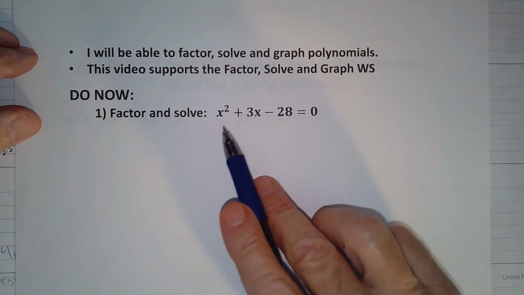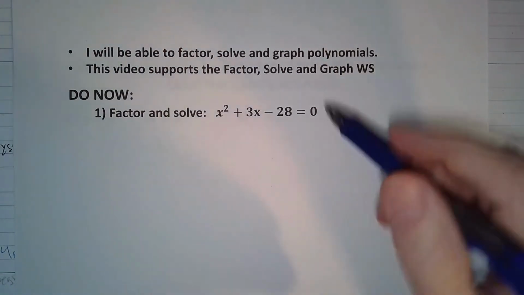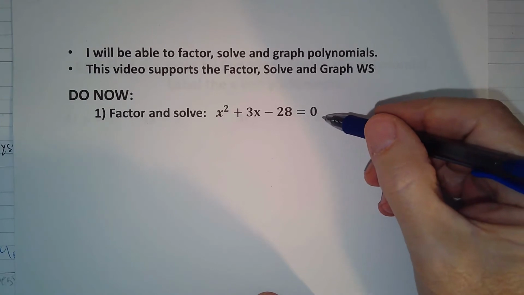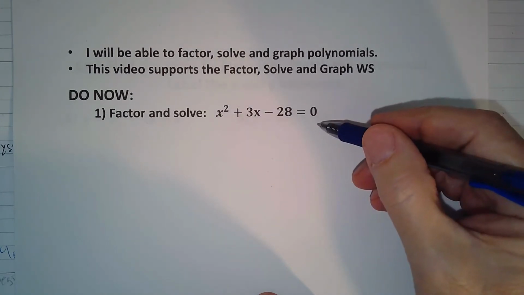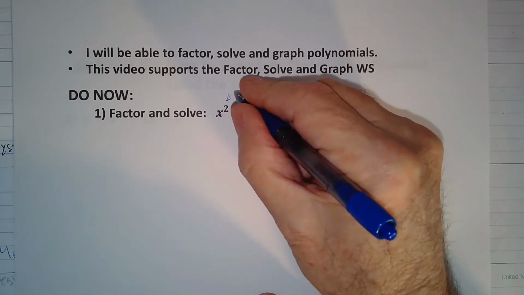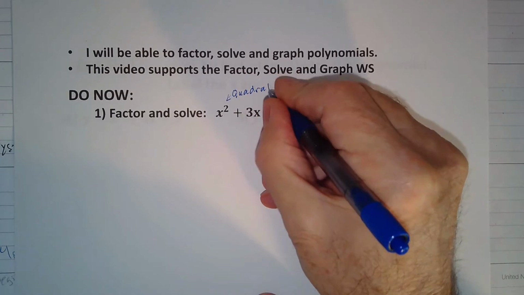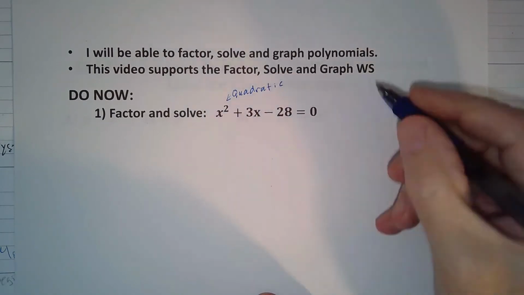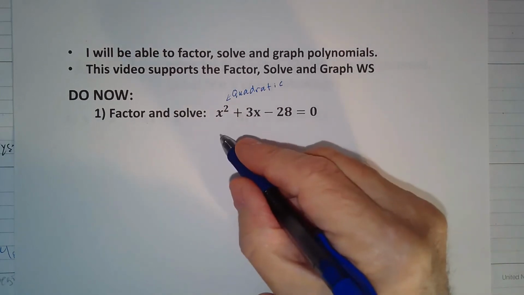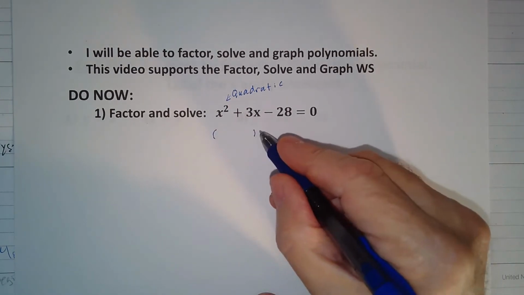All right, so we're going to start out by factoring and solving a simple trinomial that has been made into an equation. So this is a quadratic equation. So why do we know it's quadratic? It's because it has this exponent of 2. Okay? And so we're going to factor, and when we factor, we do the old double bubble, or two parentheses to create our binomial.